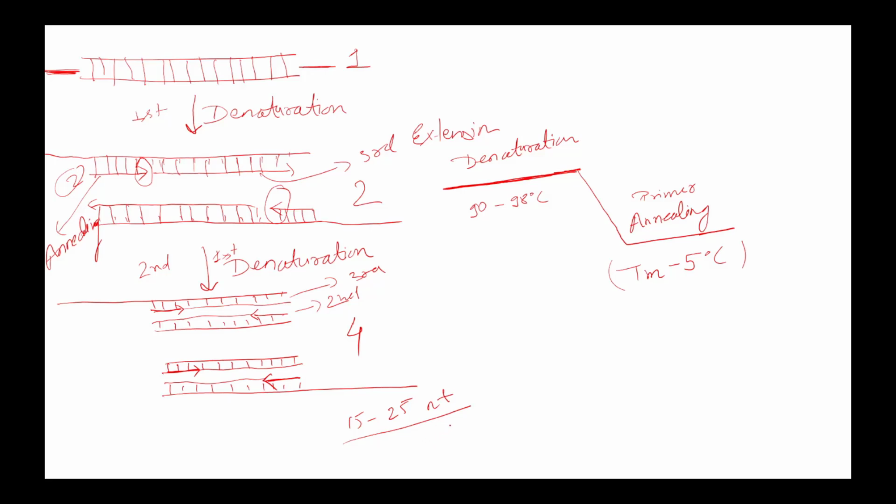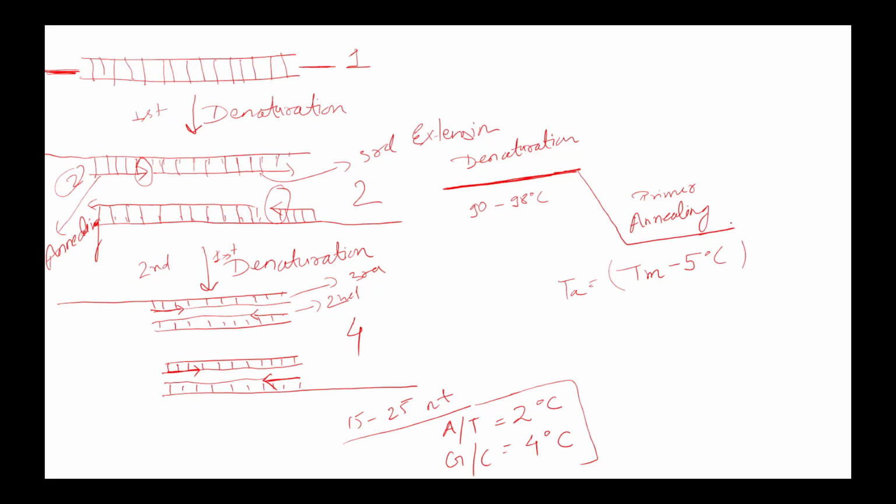If we have A and T nucleotides, it will be 2 degrees each. If we have G and C in this oligo, it will account for 4 degrees. So accordingly we can calculate the melting temperature of the primer, and whatever melting temperature we get, we subtract 5 degrees from there, and that will be our annealing temperature. Accordingly, we set the annealing temperature.